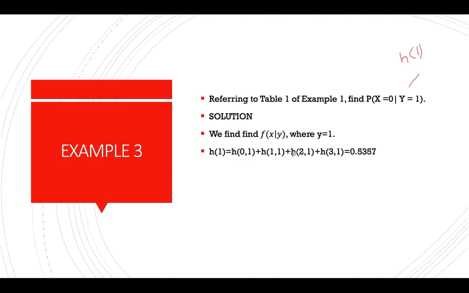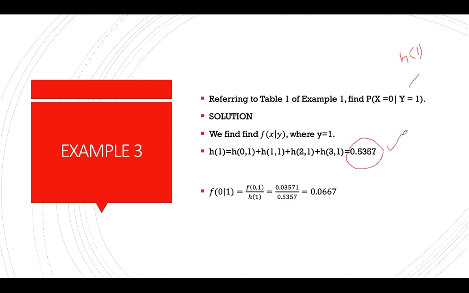We retain y equals 1, and then we get f of 0, 1, f of 1, 1, f of 2, 1, f of 3, 1, and then we get the column total at y equals 1.